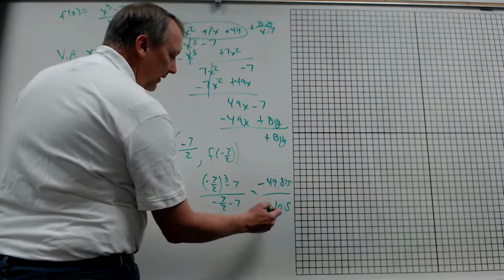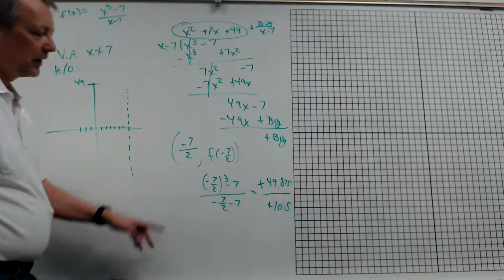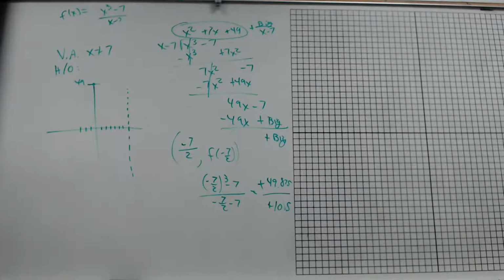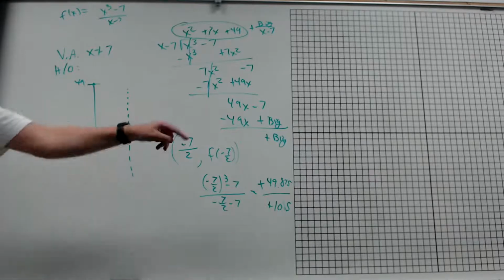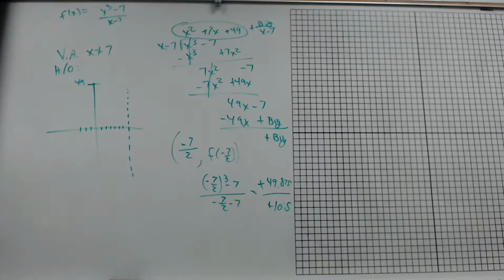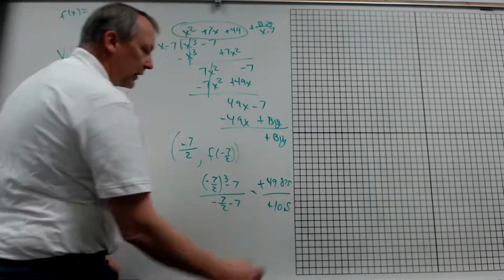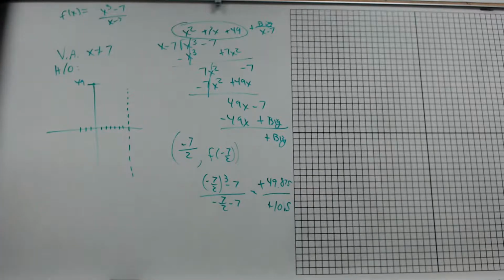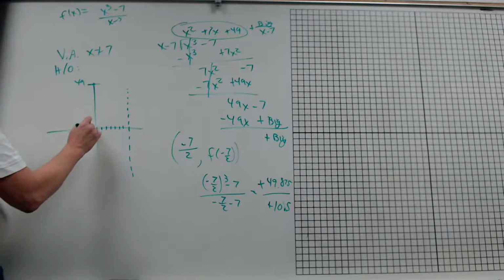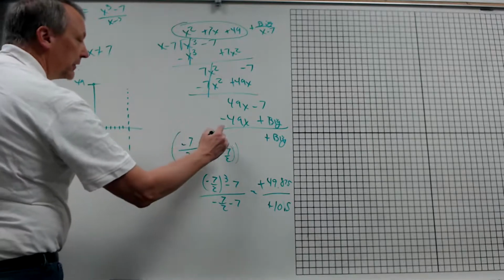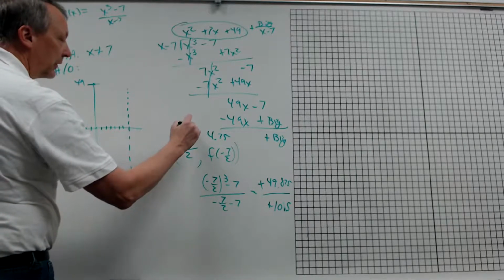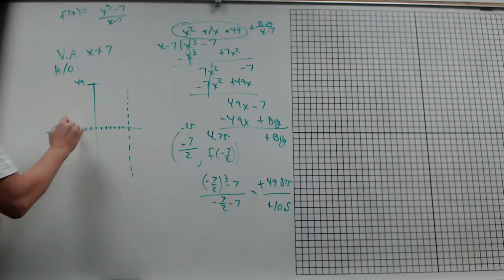So the negative divided by the negative we're going to make a positive. What is 49.875 divided by 10.5? 4.75. So at x equals negative 3.5, I'm going to be at positive 4.75.